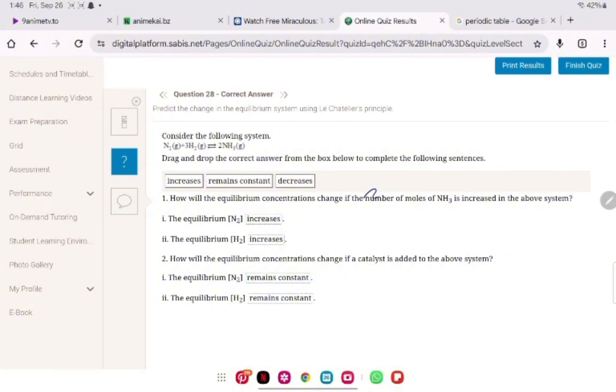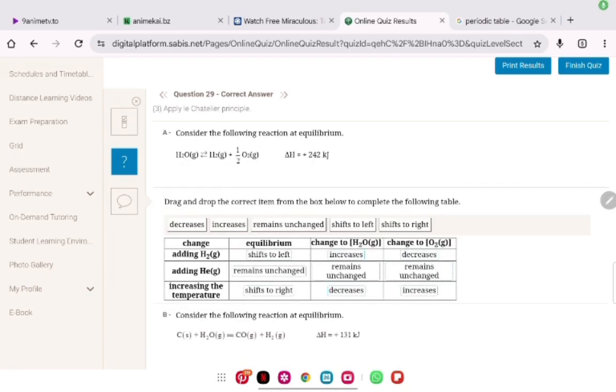Okay, so if the number of moles of NH3 is decreased, the system will try to increase the number of NH3, so you're going to move forward... so if they try to decrease the number of NH3, you're going to move backwards, so H2 and N2 will increase. How will the equilibrium concentration change if a catalyst is added? A catalyst will remain constant because it does not affect equilibrium. It just makes the rate of reaction faster, to reach equilibrium. That's it.